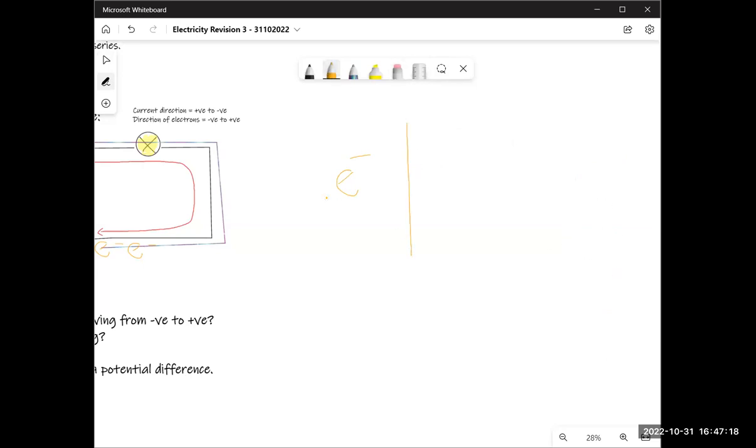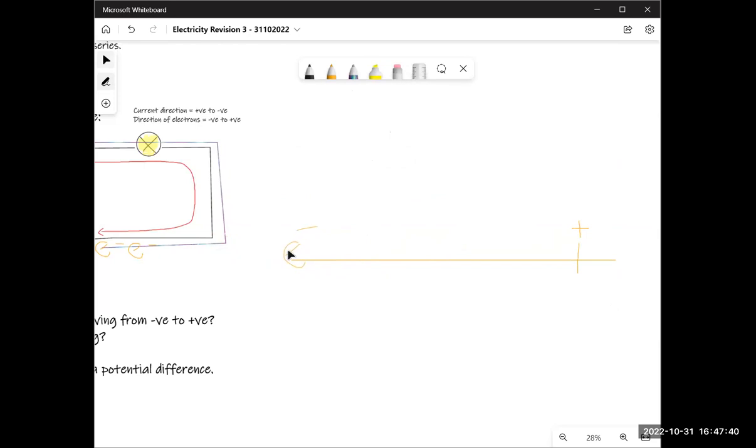Let's say you have this wire. Okay, this is the wire, and there is one positive thing right here, and electrons are in the wire. Now, where will the electron go, right or left? Left? No, that's away from the positive charge.